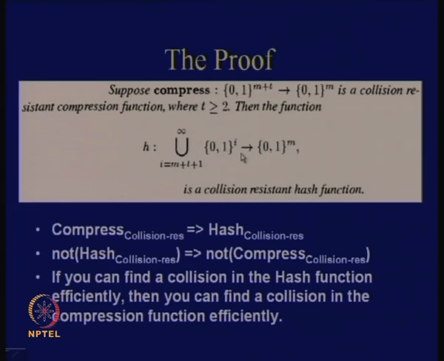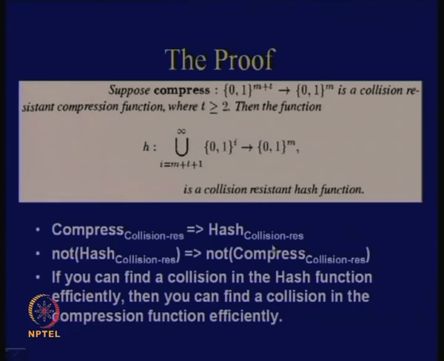The domain can be {0,1} strings from length m plus t plus 1 to infinity, and that you are compressing to an m bit output. So what you have to prove is that if this compression function is collision resistant, then your hash function is also collision resistant.